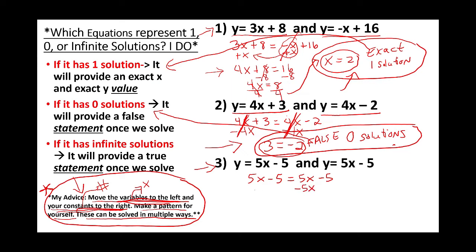I'm going to continue my pattern, moving my variables to my left. Look, my x's cancel. I get -5 equals -5. This is true. So this means infinite solutions.